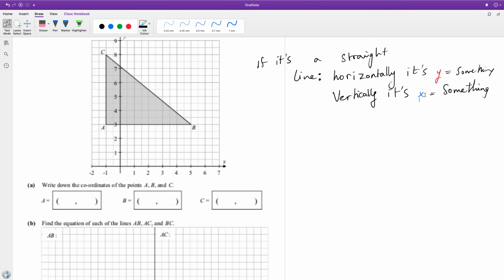Right. So what I mean by that is, this line here, A to C, runs straight up and down through minus 1. So the line AC is very, very simply, x is equal to minus 1. That's the equation of that line.